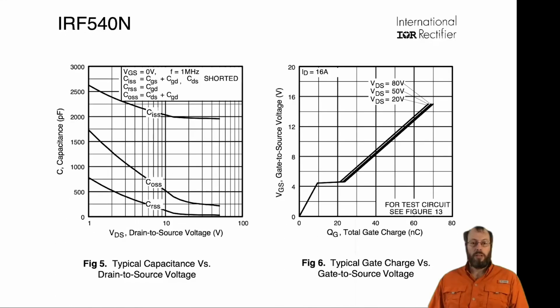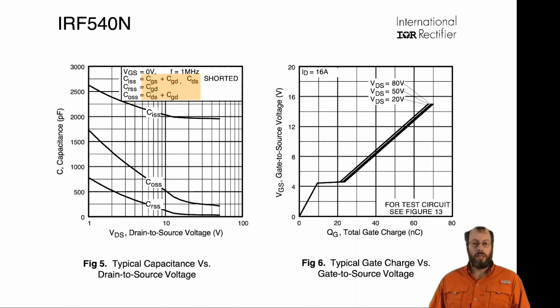On the next page, we can find information about other parasitics of the MOSFET. Between each of the terminals, gate, drain, and source, you can find a parasitic capacitor. That is the gate source capacitance, the gate drain capacitance, and the drain source capacitance.